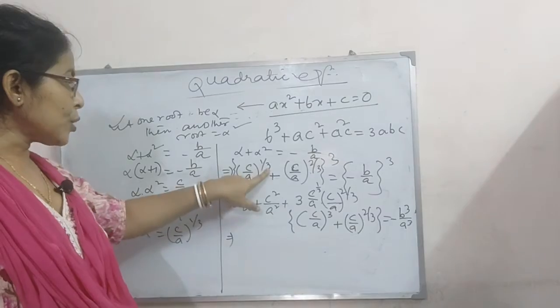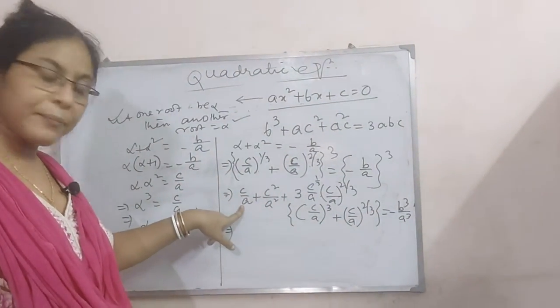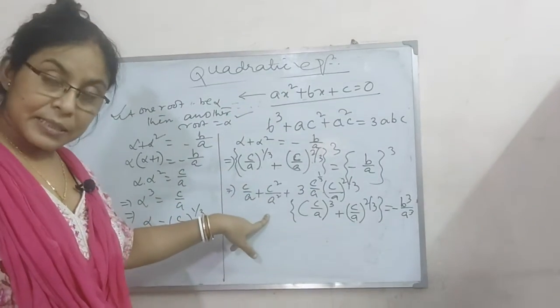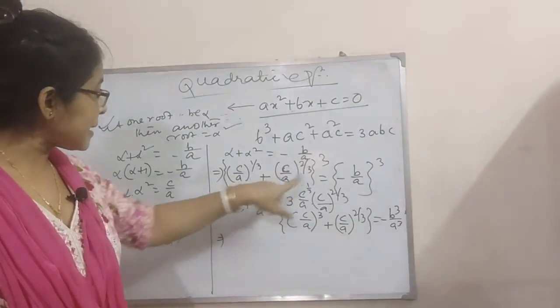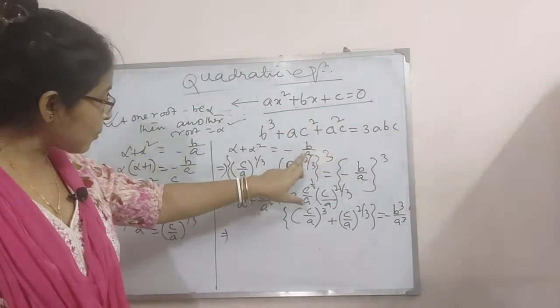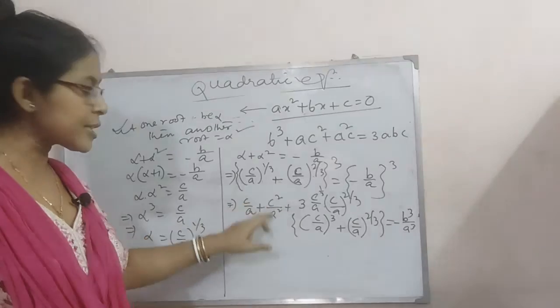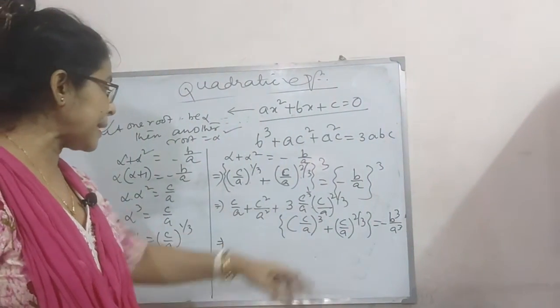C by a whole to the power 1/3 whole to the power cube, that means c by a. In a similar way, c by a to the power 2/3 whole to the power cube equals c square by a square plus 3ab into a plus b.